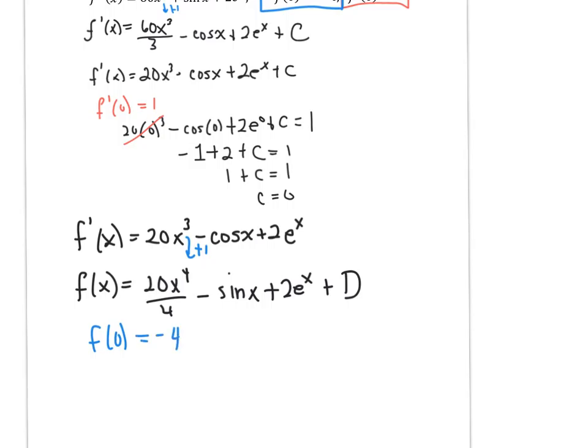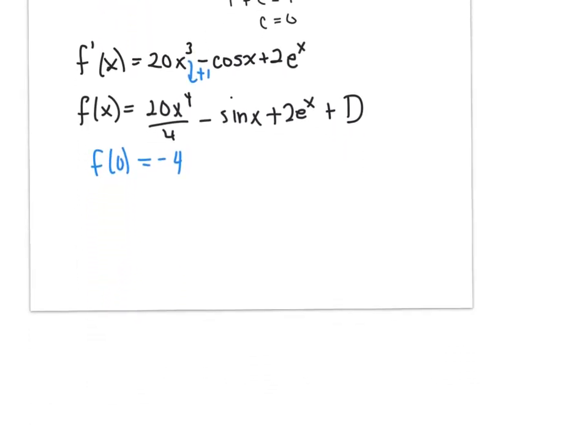So I'm going to move this up just slightly, and so what that means now is I can plug in 0 for these x's, and so what I'll get is, by the way, 20 divided by 4 is 5, so 5 times 0 to the 4th, minus sine of 0, plus 2e to the 0, plus d is equal to negative 4.